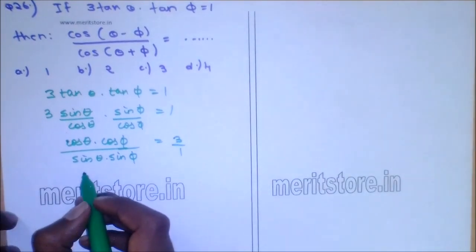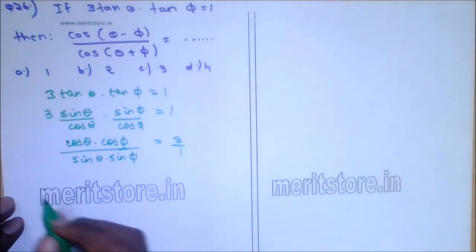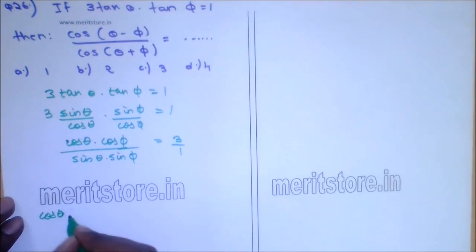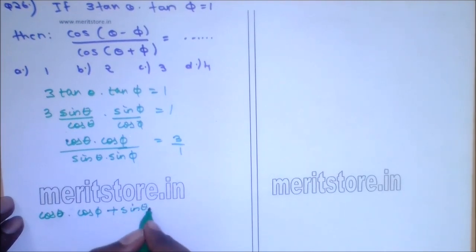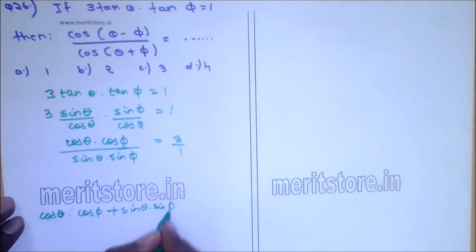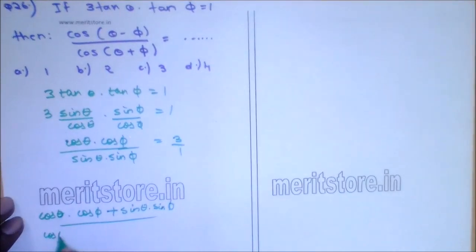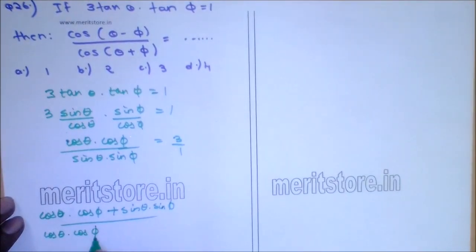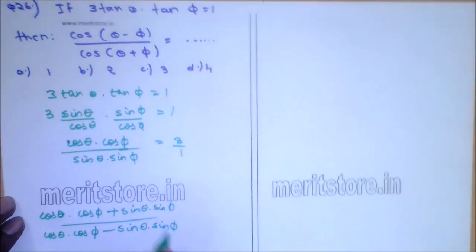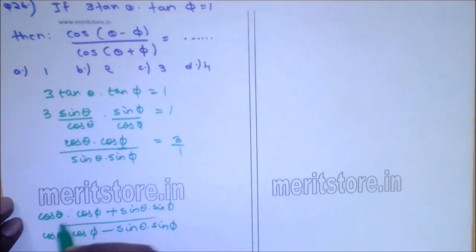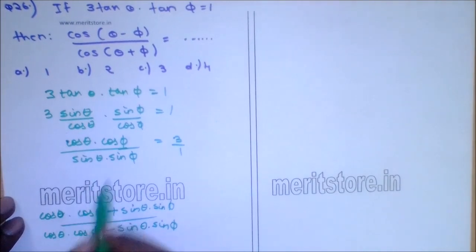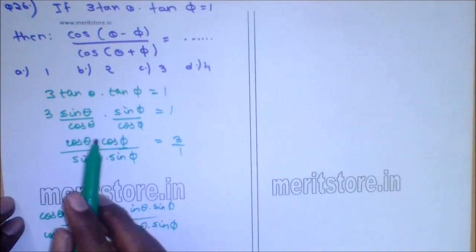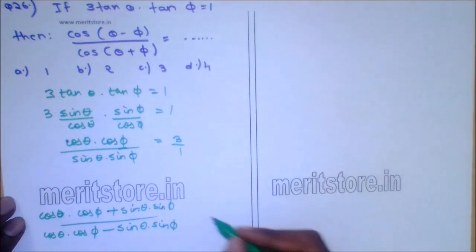Now we apply componendo dividendo rule. So we get cos theta cos phi plus sin theta sin phi upon cos theta cos phi minus sin theta sin phi. We did this so that we could form a trigonometric function of theta plus or minus phi.